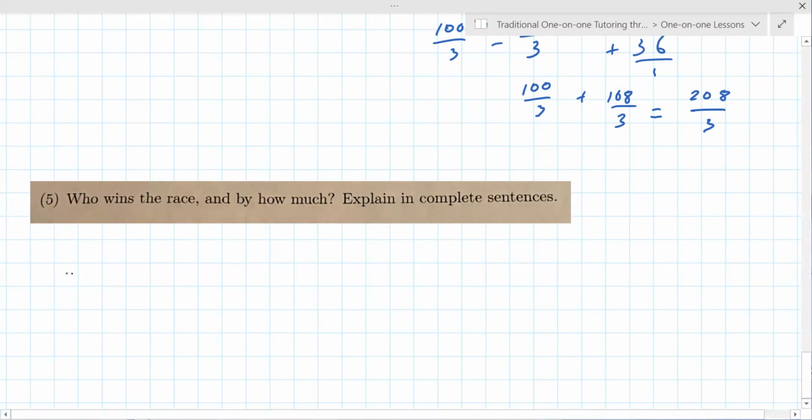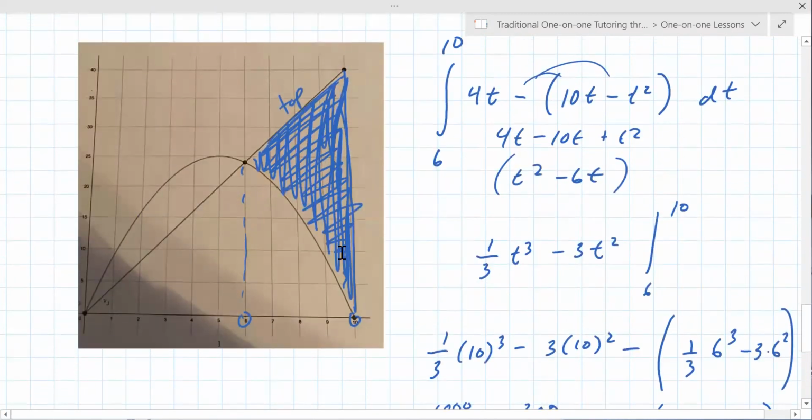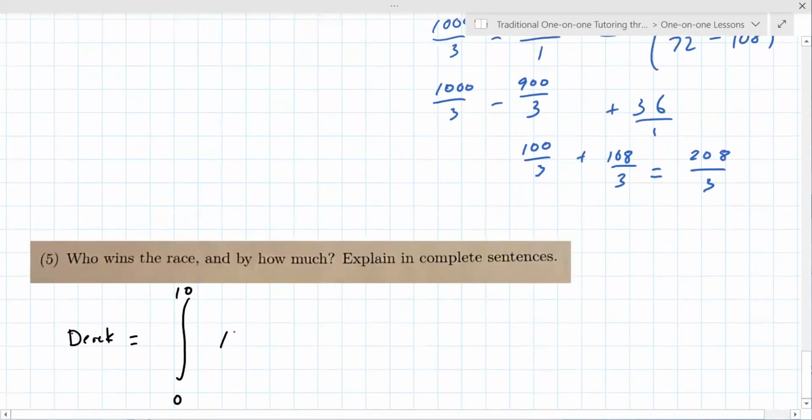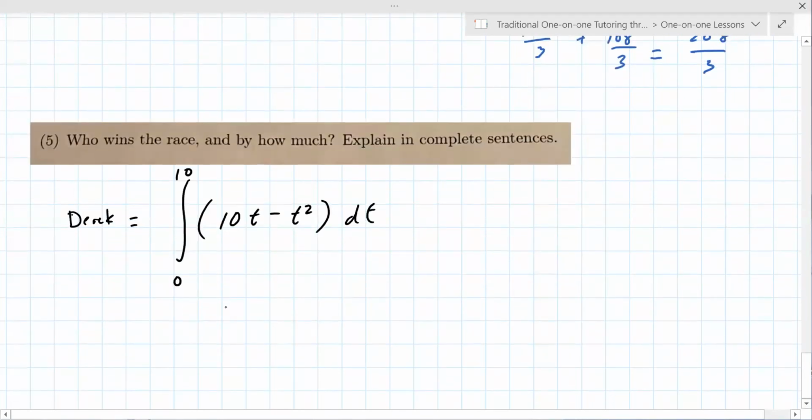So the first guy, Derrick, we want to integrate from 0 to 10. And then his function, what was it? It was 10t minus t squared dt.